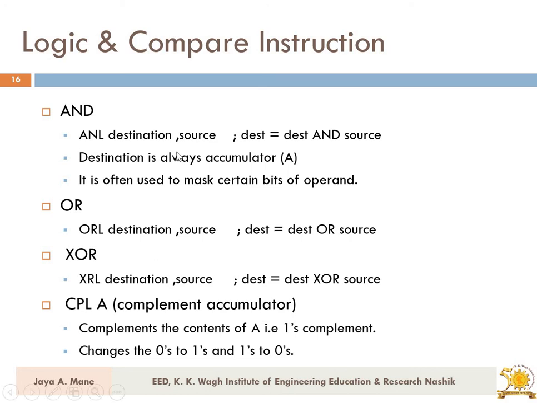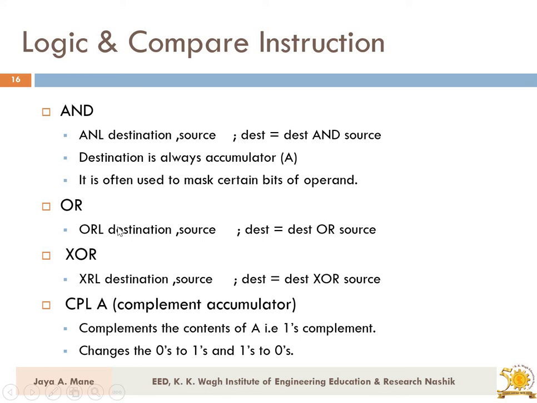Then again you have two operands, one is the destination register and the second is the source register. We are doing the AND between the numbers stored in the destination and the source register, and after performing the AND operation, whatever result you get gets stored in the destination register itself.